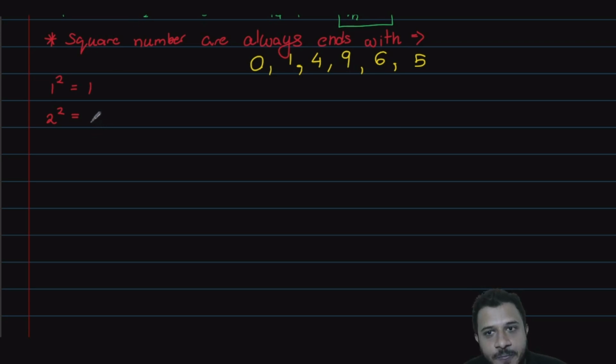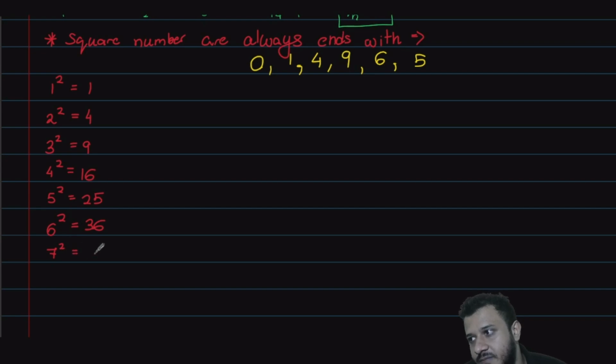What is 2 square? 4. 3 square? 9. 4 square? 16. 5 square? 25. 6 square? 36. 7 square? 49. 8 square? 64. 9 square? 81. And then 10 square? 100.